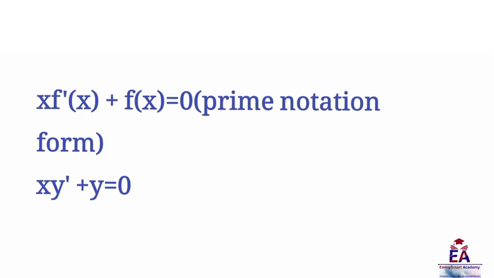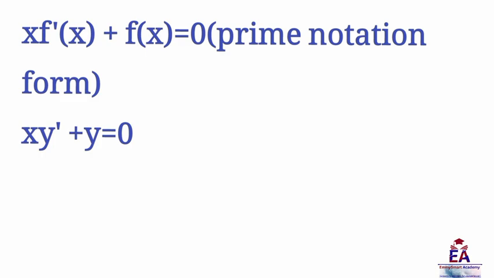It can also be written this way: x y prime plus y equal to 0. Y prime means to differentiate y. Y is the unknown function, and the derivative of that unknown function is y prime. Okay. Now let's look at another example of a differential equation.